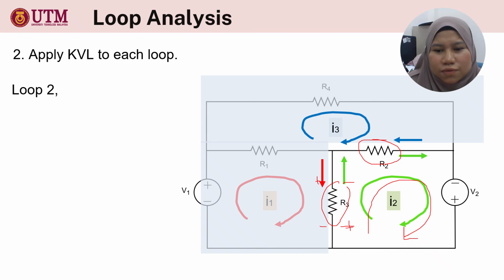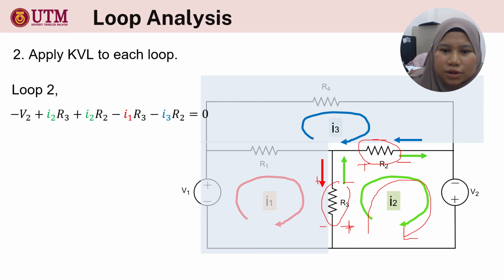This is positive and this is positive, this is negative. This one we cannot change, because it is the voltage source. We cannot change anything. So what is the equation here? The current flows through here, going through the negative terminal. So what is the voltage? Yes, negative V2.